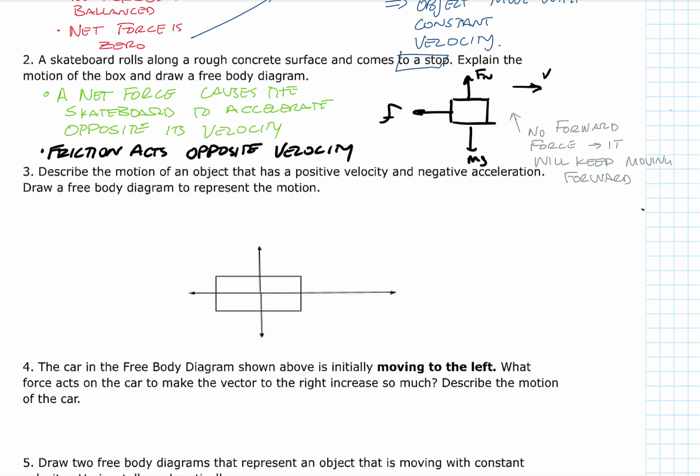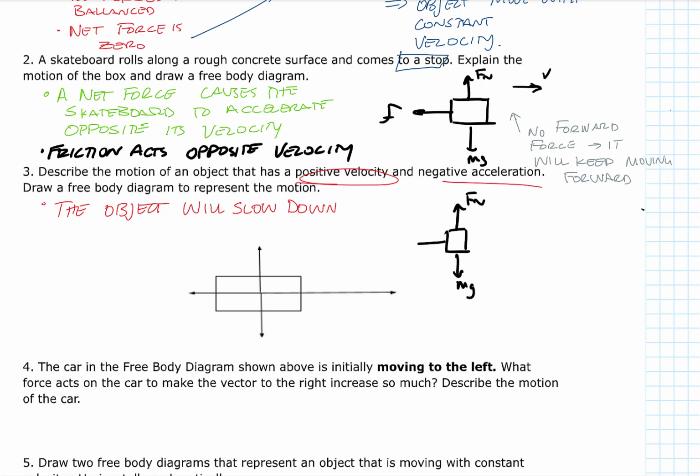All right, describe the motion of an object that has positive velocity and negative acceleration. Anytime the velocity and the acceleration are in opposite directions, the object will slow down. That's how that works. That's an important thing. Anytime you have positive velocity and negative acceleration, the object will slow down. And it's the same free body diagram that we had. We got normal force up.